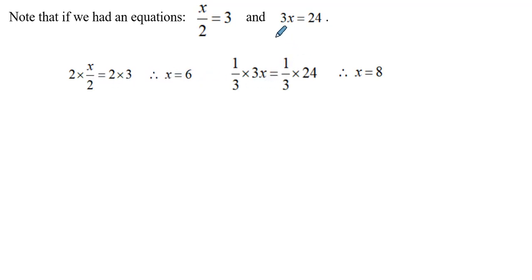On the other hand, if we multiply this equation by 1 over 3, we get that x is equal to 8. So the factors chosen here act as tools to solve these equations. They are factors which lead us to a solution of the equation.